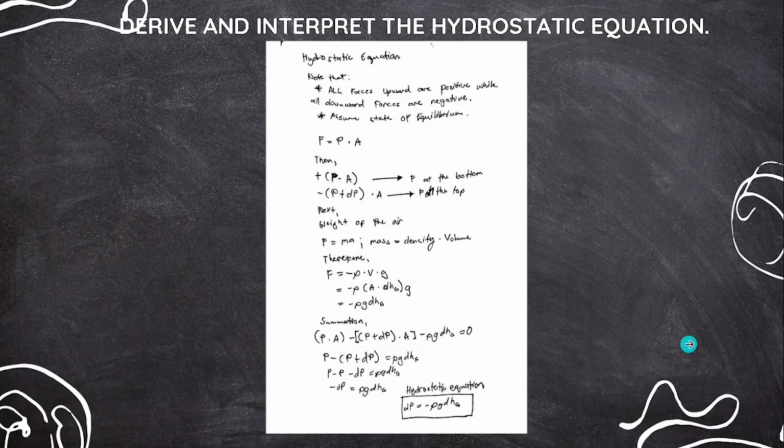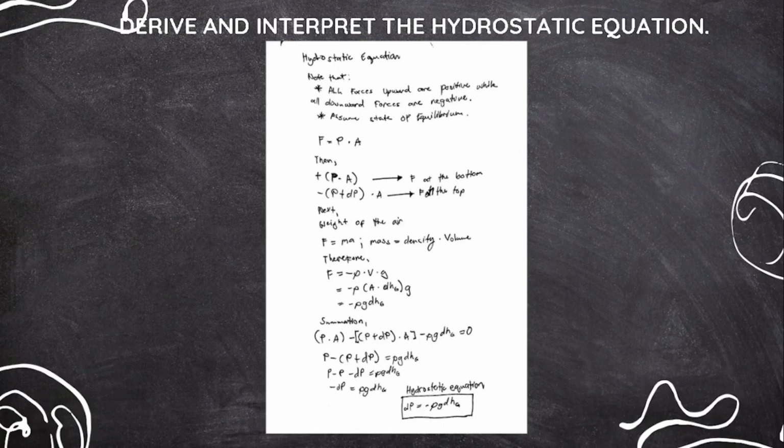So now we are going to derive and interpret the hydrostatic equation. First, we note that all forces upward are positive, while all downward forces are negative. Then we assume that our condition is in the state of equilibrium because we are analyzing a fluid or air at rest.